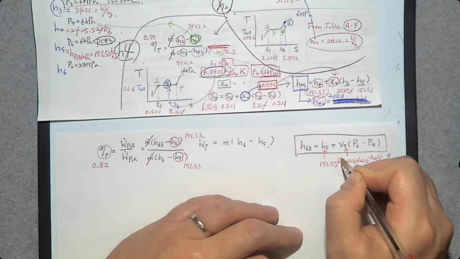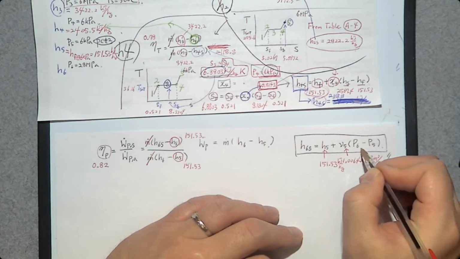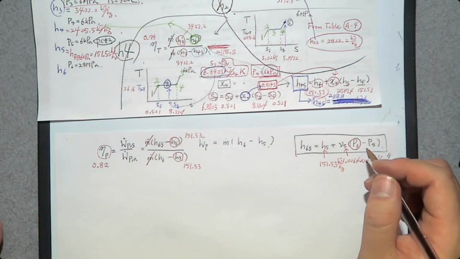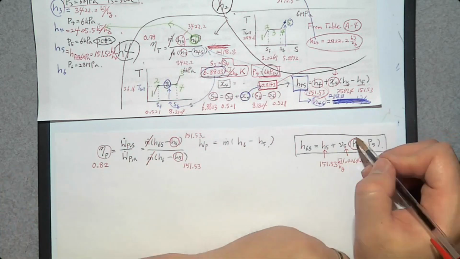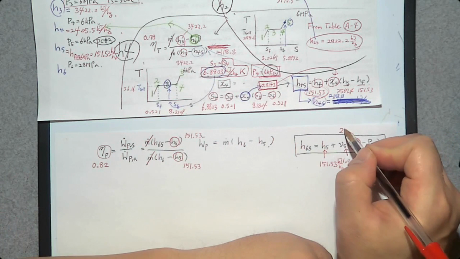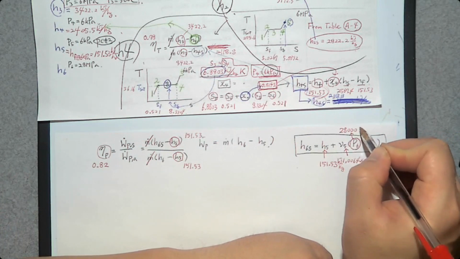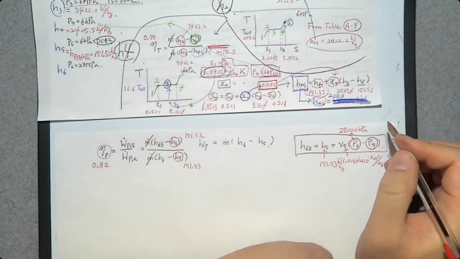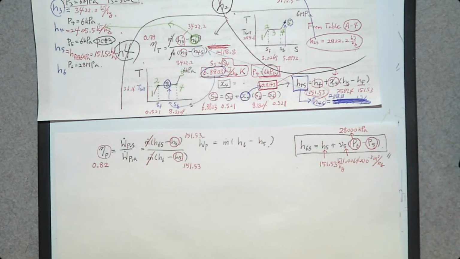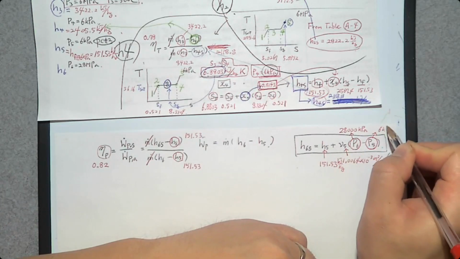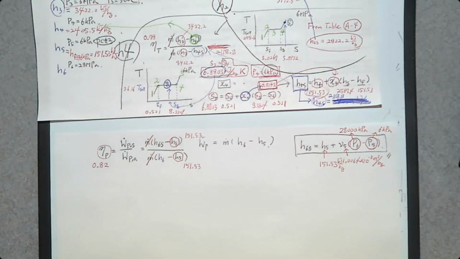Let me write all the units. P6 is the pressure in the steam generator, 28 megapascal, but you don't like megapascal, so 28,000 kilopascal. And P5 is the pressure of the condenser, which is only 6 kilopascal. That's how you determine H6S.